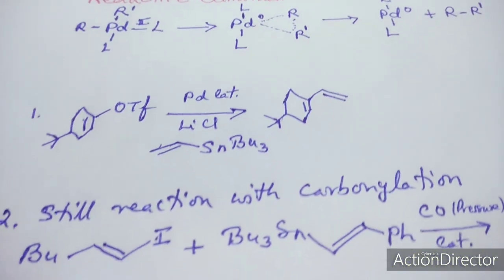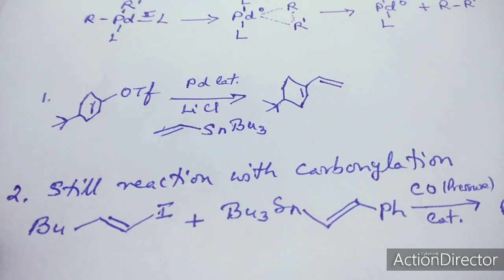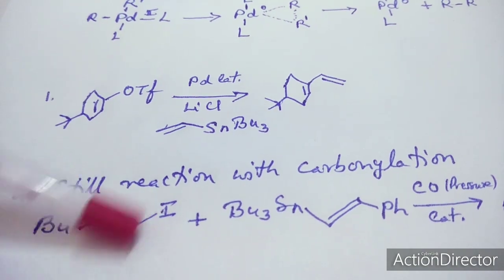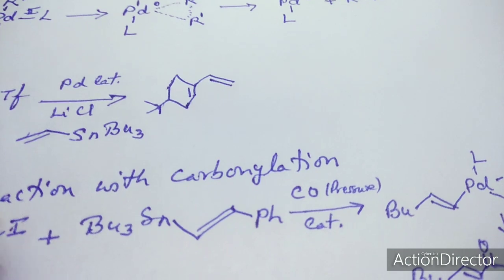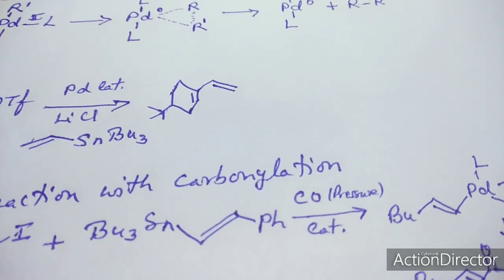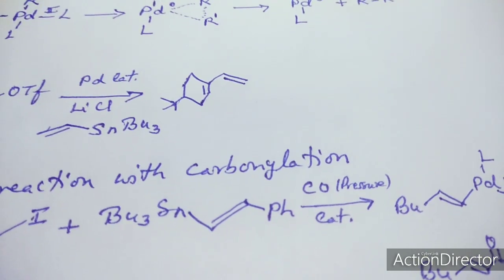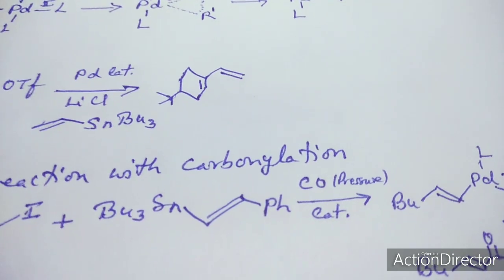Another interesting reaction is the carbonylation reaction, where this sp2 hybridized R-X reacts with this organotin. This time we are using a phenylacetylene-type group associated with tin.